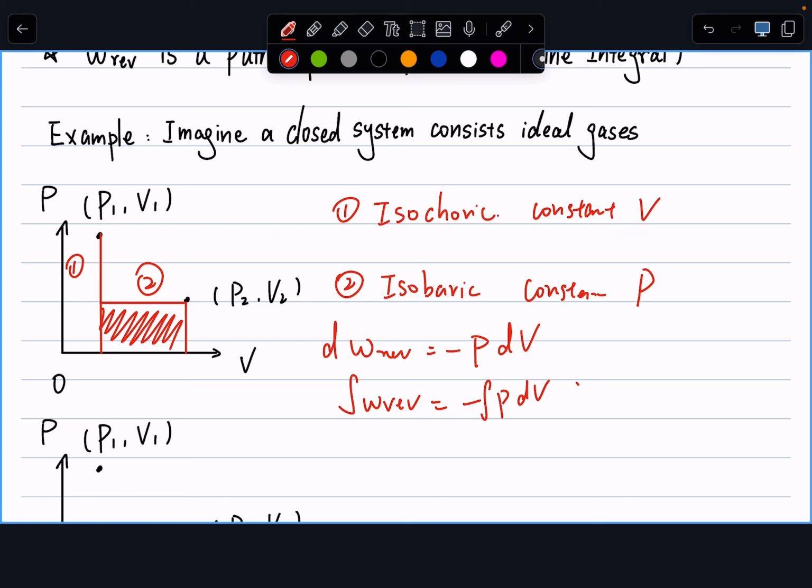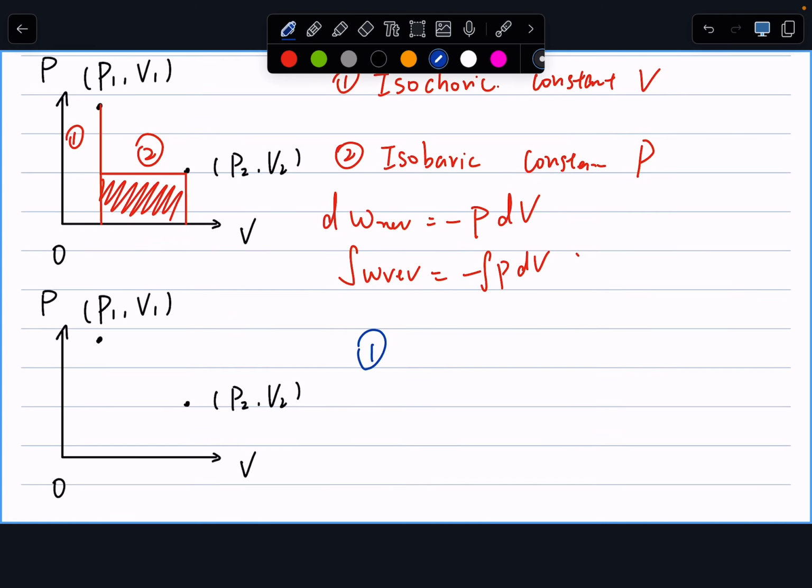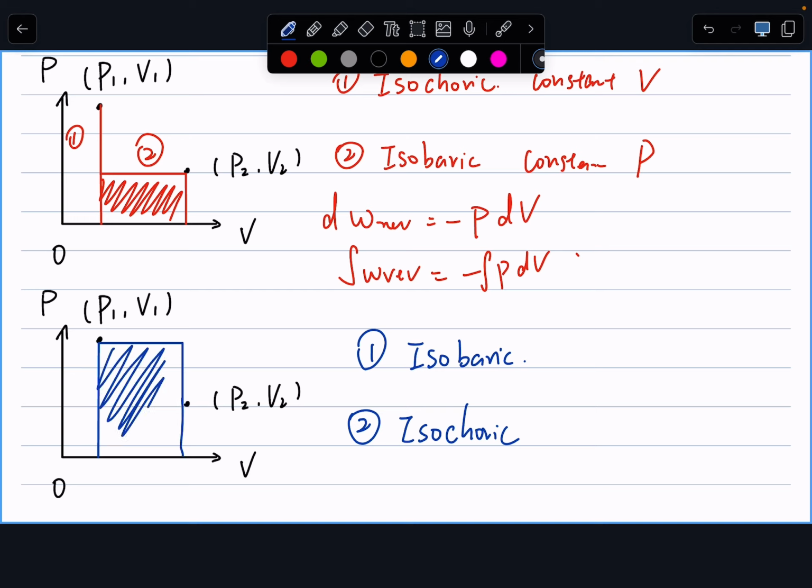Alternatively, if we do this process in a reversed fashion, we do it isobarically first at constant pressure, and then we do it in the isochoric fashion, and that goes down like this. Now what we have under the curve is a much larger area, just because we're taking different paths going from state 1 to state 2.